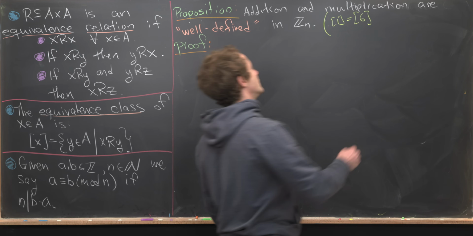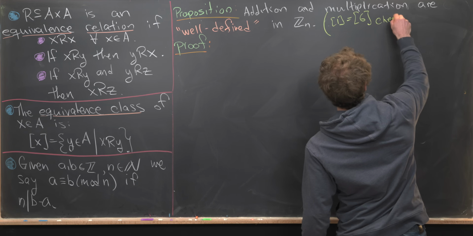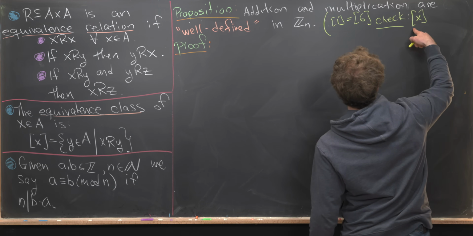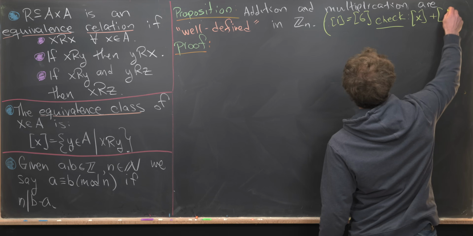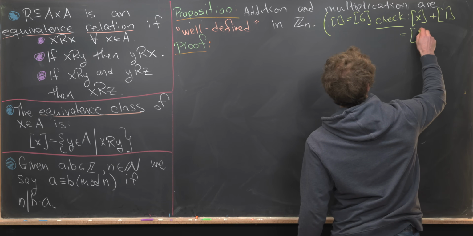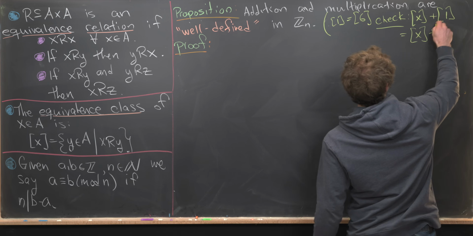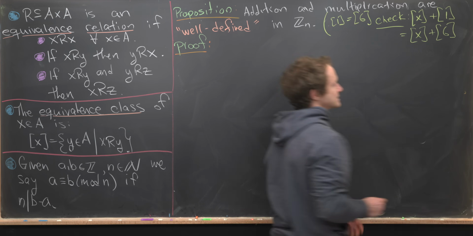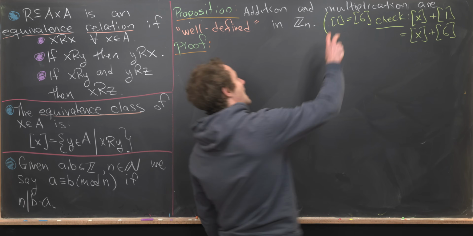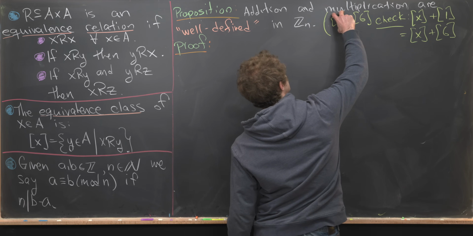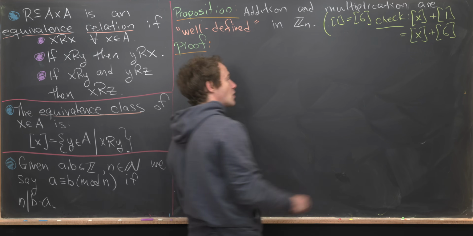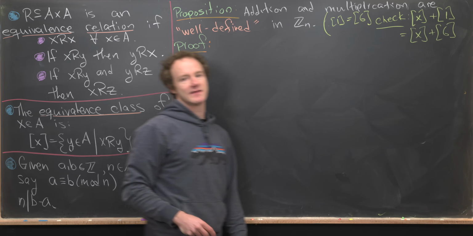So something that we would want to check, for instance, is that if we take any equivalence class, maybe call it the equivalence class of x, and add the equivalence class of 1, we get the same thing as taking the equivalence class of x and adding the equivalence class of 6. So in other words, it doesn't matter which name you take for the particular element, you get the same result when you add by that element.